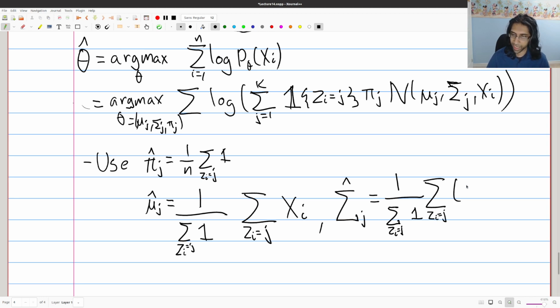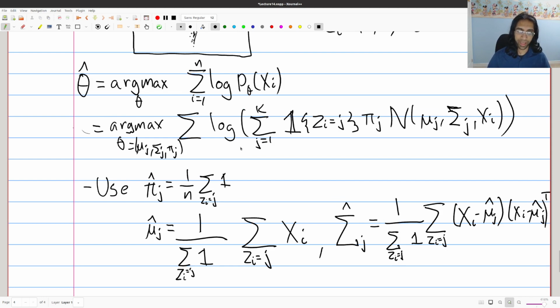And then we just take the empirical covariance of these points here: x_i minus mu j hat times x_i minus mu j hat transpose.